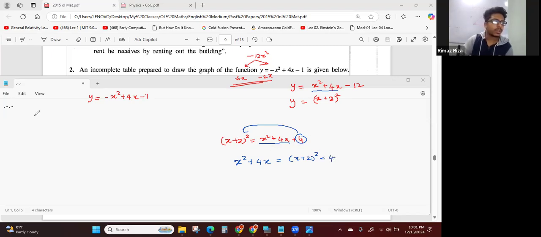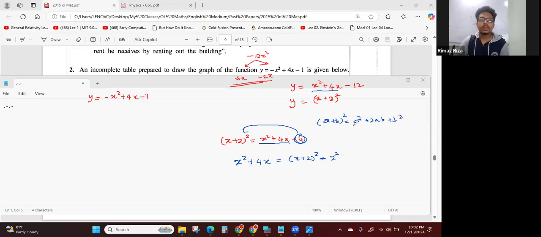And how did this minus 4 come? It came from the square of this. Because you know (a plus b) squared equals a squared plus 2ab plus b squared.